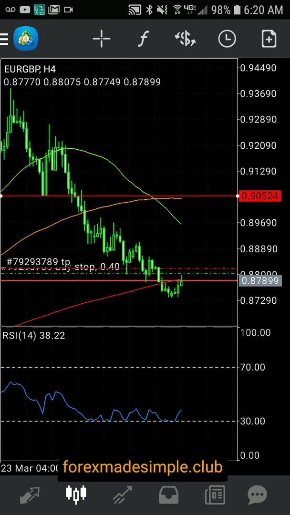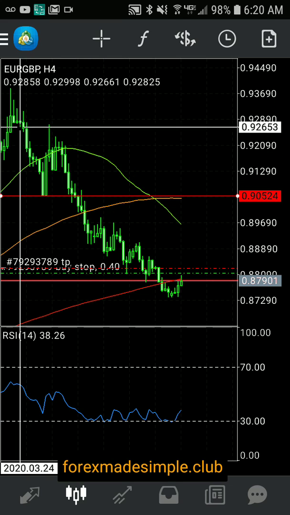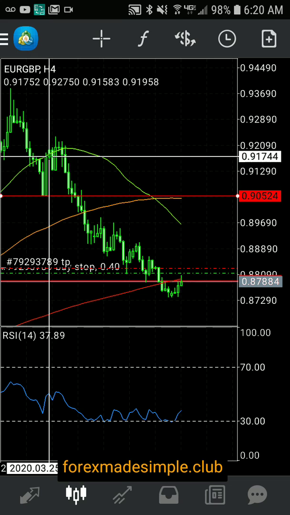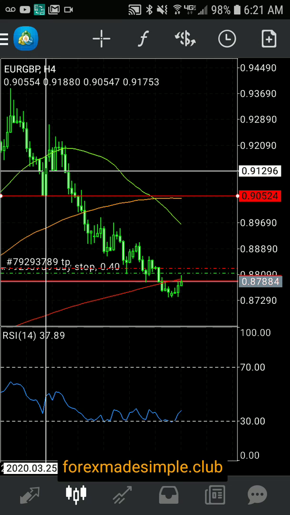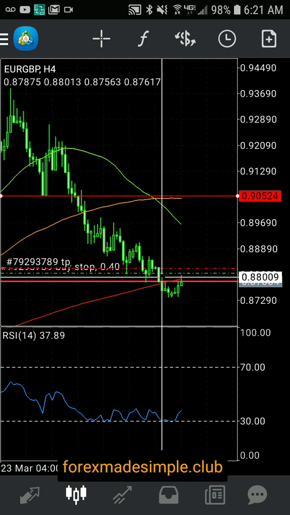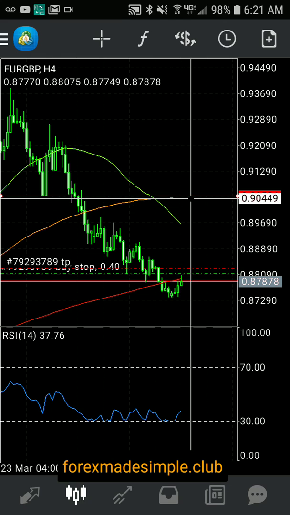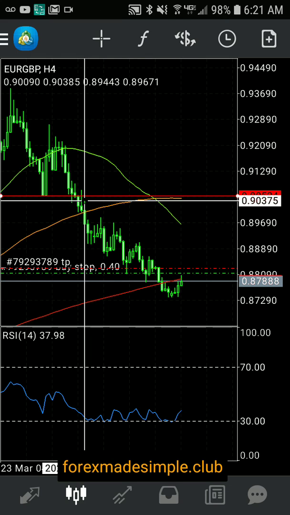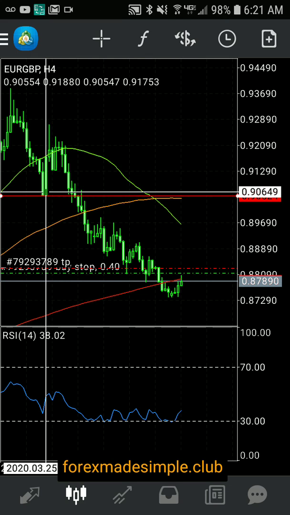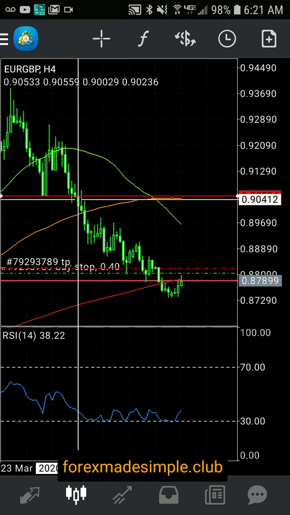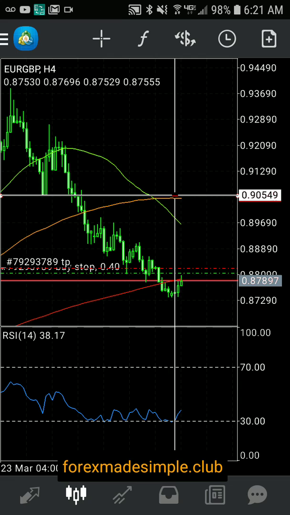I can say, look, this in the past was a major support line, because you see how much of a bounce we had when we hit this zone. So it's understandable that if this pair were to come back up here, it would face major resistance. Once you break through an area of support, the role reverses and it now becomes resistance, right?